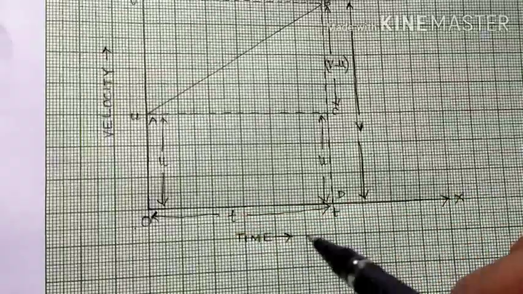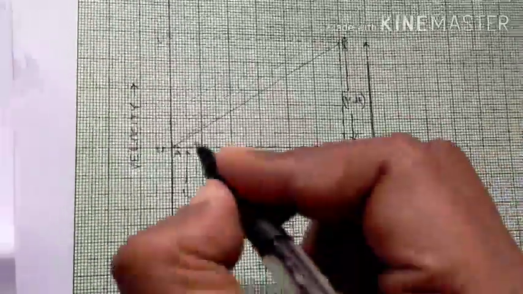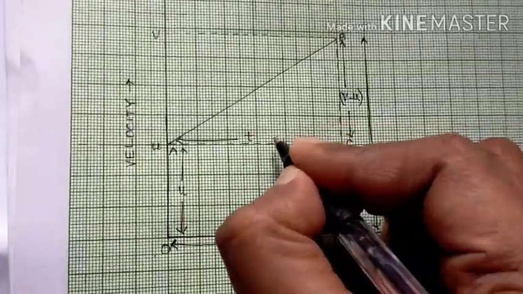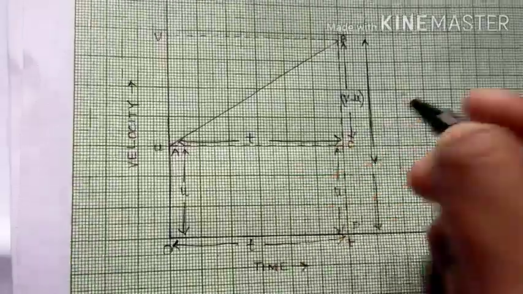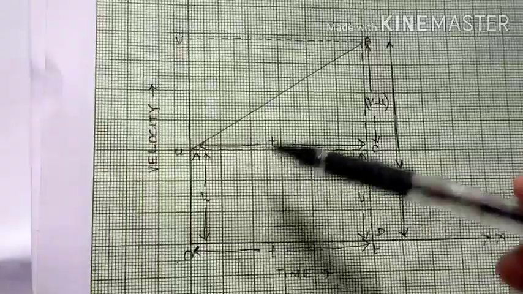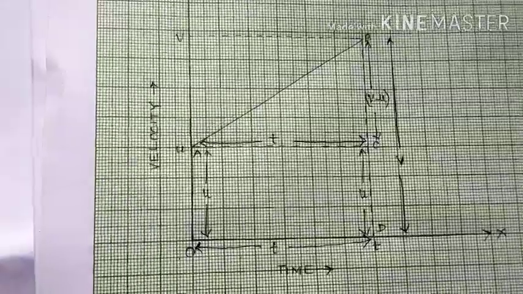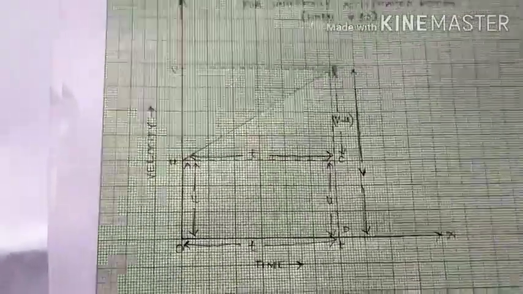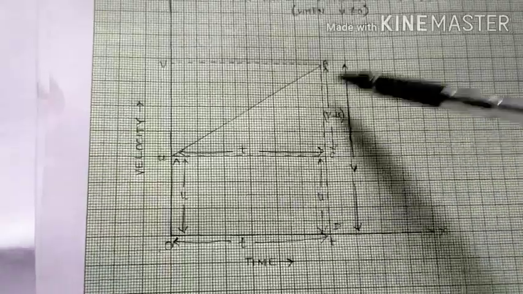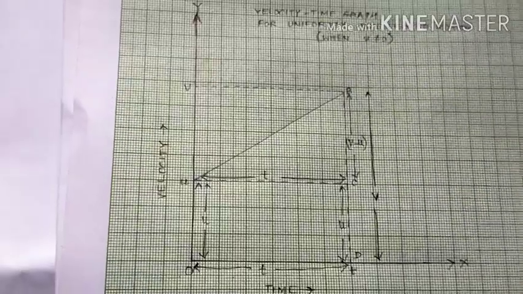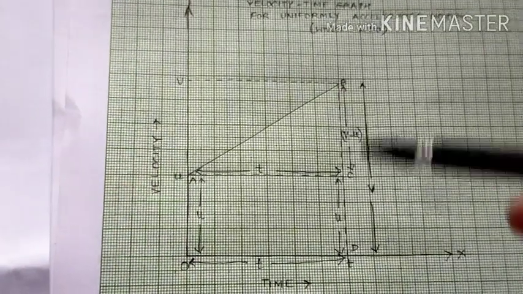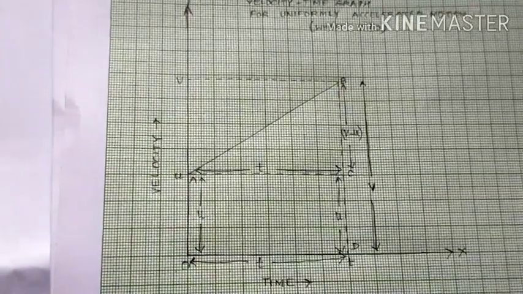Opposite sides of a rectangle are equal, so let's mark AC also equal to t. So this is going to be the graph and the values to be used for deriving the equations of motion. So we have plotted all the values and we'll be using these in deriving the equations one by one.